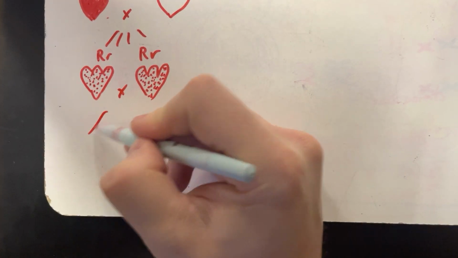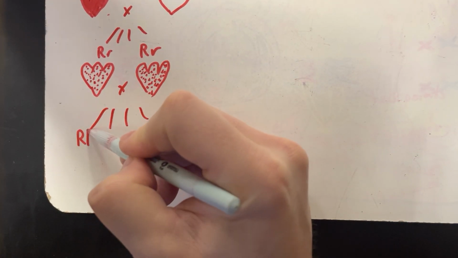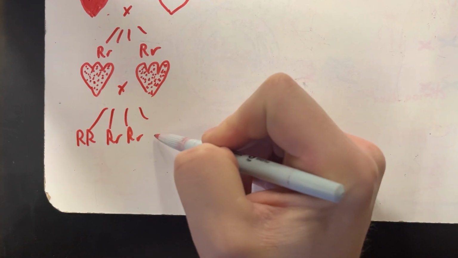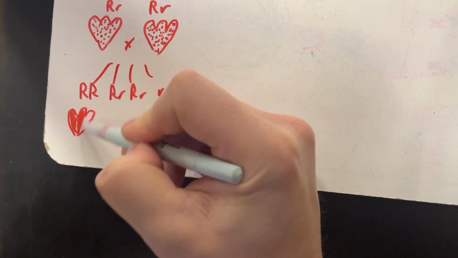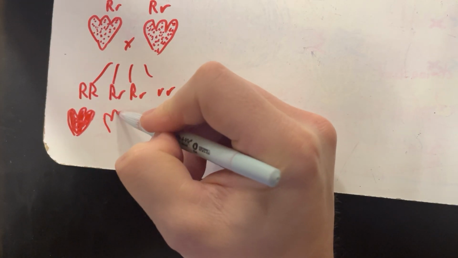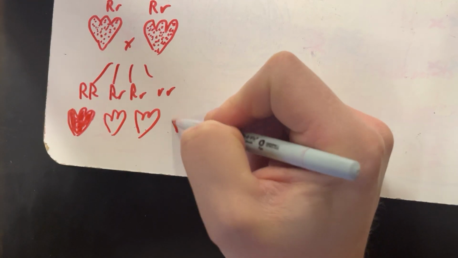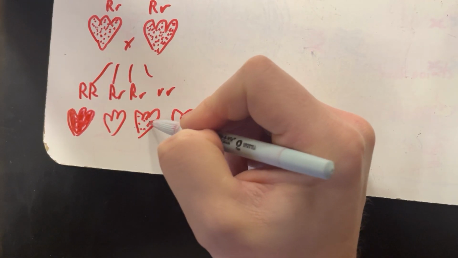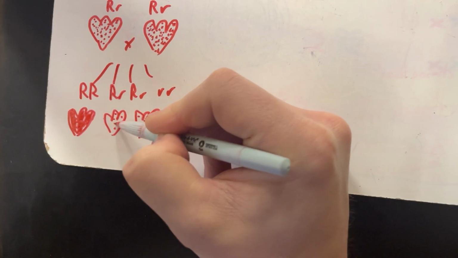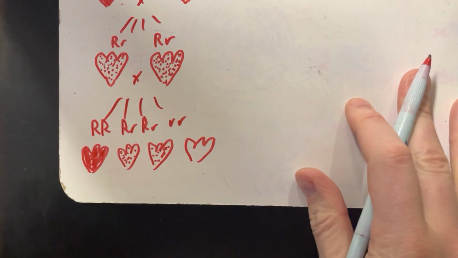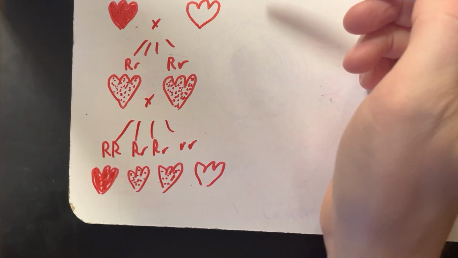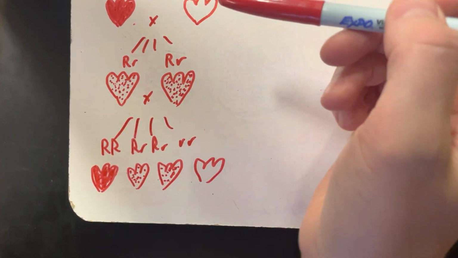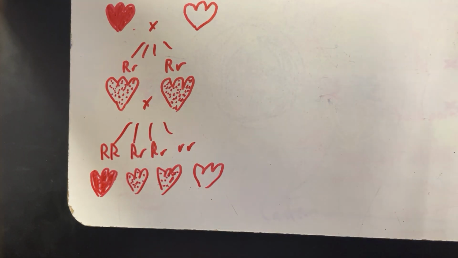And then if you cross them again, 1, 2, 3, 4, you'll still get your classic 4 combos, and again, red, pink, pink, white. So codominance just means that both the big R and the little r are expressed. There's not just a regular classic dominant and recessive version.